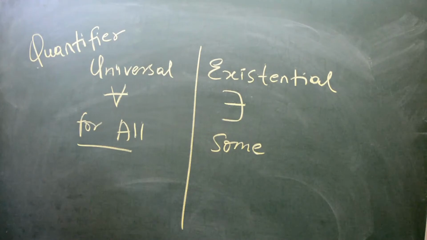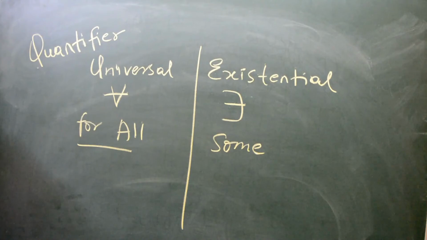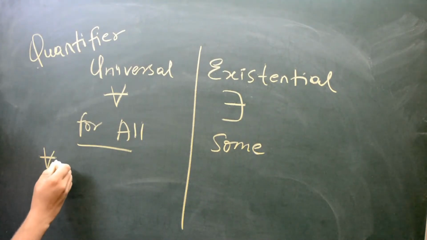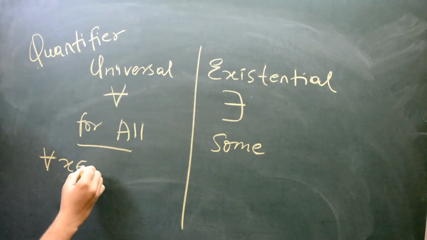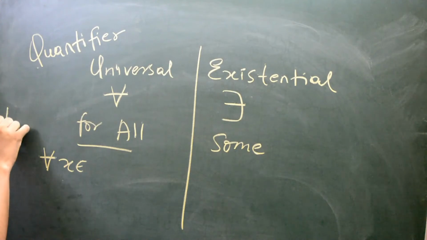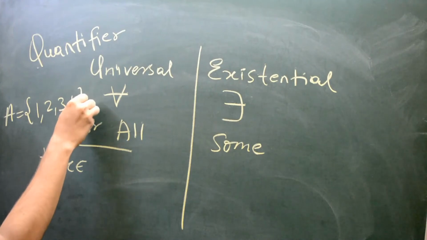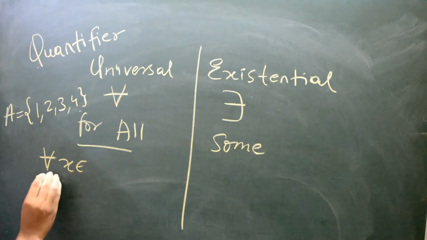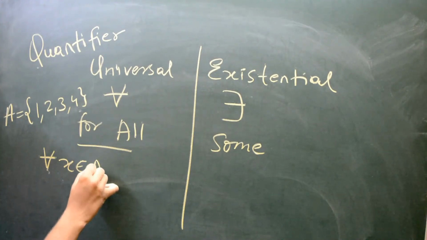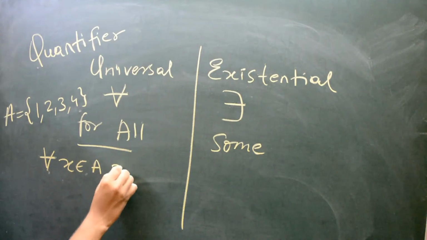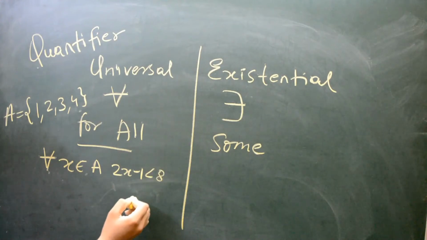The example for the universal quantifier: the set A is given to us, 1, 2, 3 and 4, and for all x belongs to A, 2x minus 1 is less than 8.